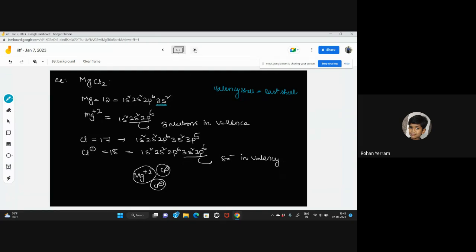Next, sir. What are the factors which govern the formation of ionic bond? How easily it will form an ionic bond depends on how easily it will form a cation and how easily it will form an anion, isn't it?